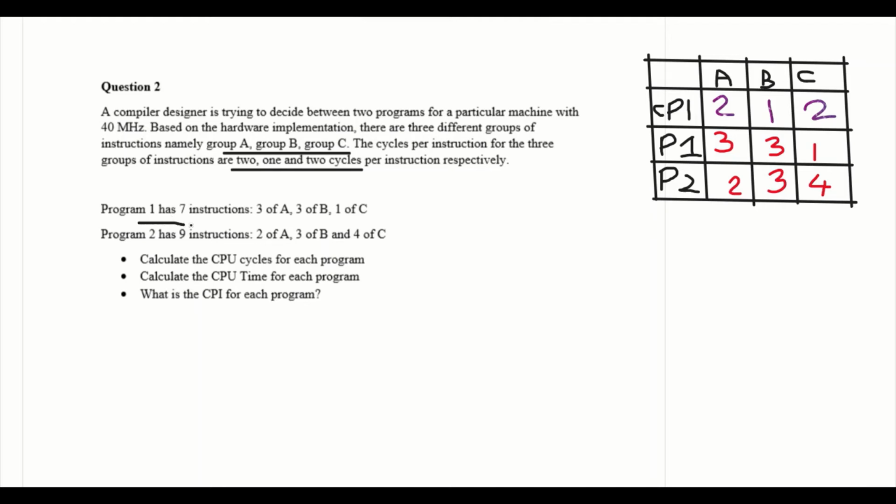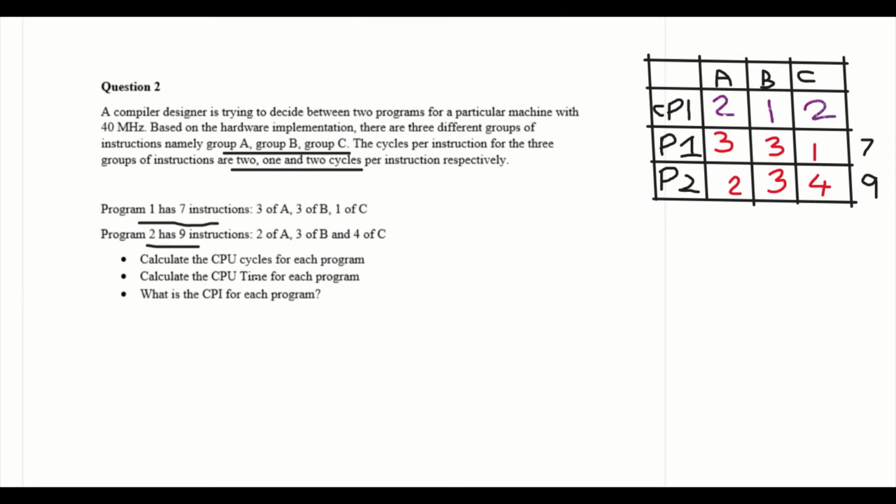Program 1 has 7 instructions: 3 of A, 3 of B, 1 of C. Totally 7. Program 2 has 9 instructions: 2 of A, 3 of B, 4 of C. So 9 instructions. You got the idea? I put the given information in tabular form so it will be easy for me to calculate.